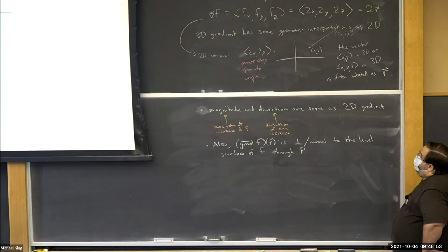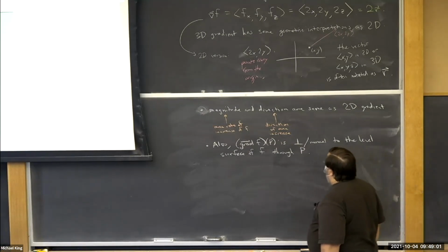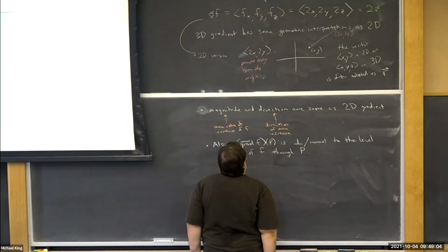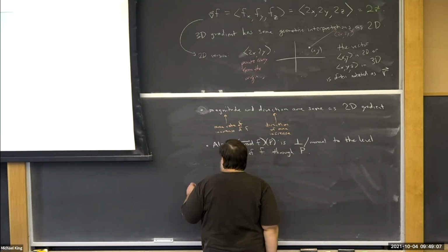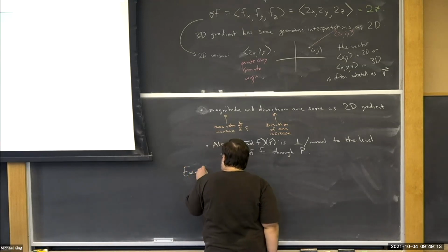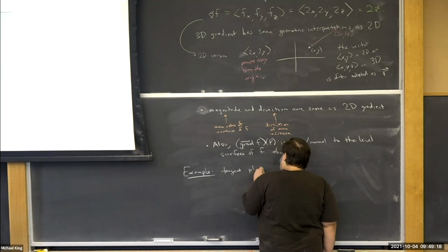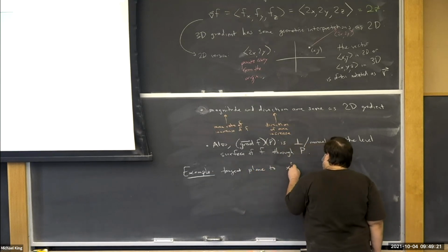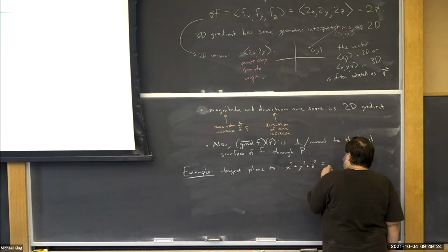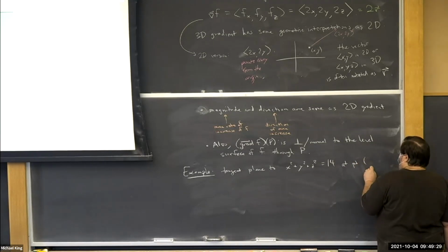We could actually write down, if you want to think about it for a sphere, as an example: what's the tangent plane to x squared plus y squared plus z squared equals 14 at the point (1, -2, 3)?